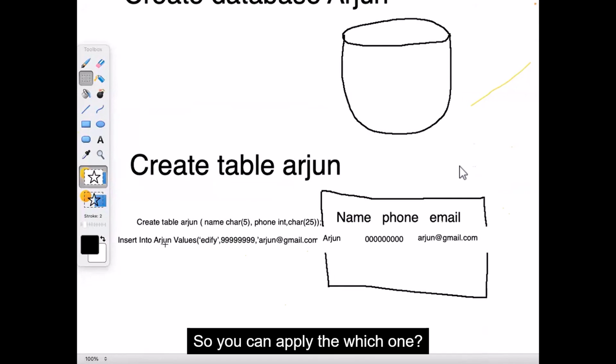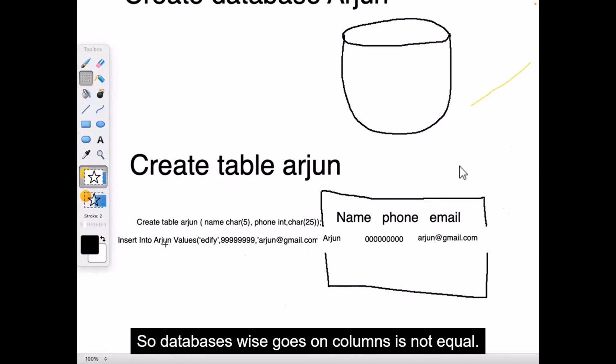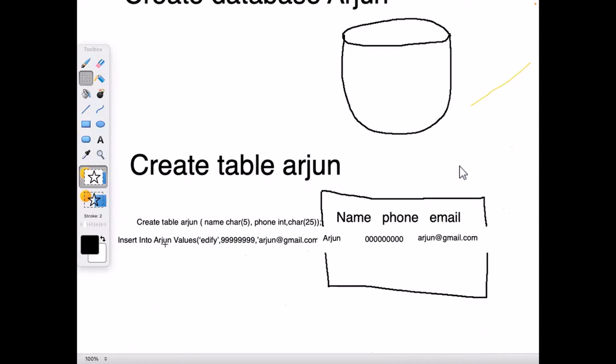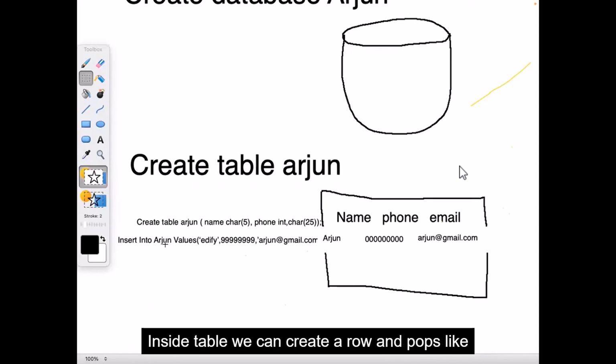Directly applying capital A connects to the database. Databases are not divided into rows and columns; only tables are divided into rows and columns. Got it? So this is the format. The first step is to create a table. Inside the table we can create any rows and columns.